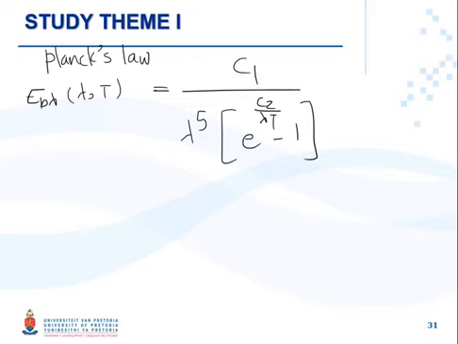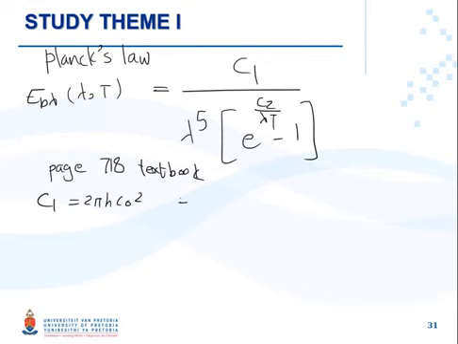C1 is 2 pi h c0 squared, from page 718 of your textbook, which is equal to 3.74177 times 10 to the power of 8 watt micrometer to the power of 4 per square meter.